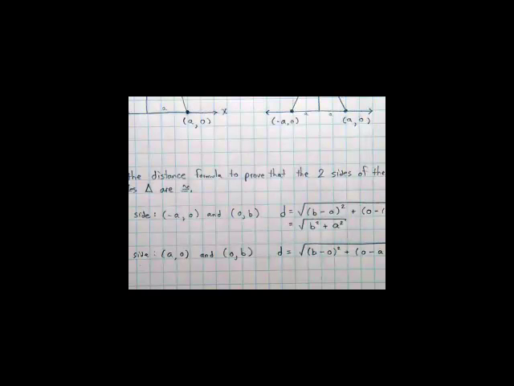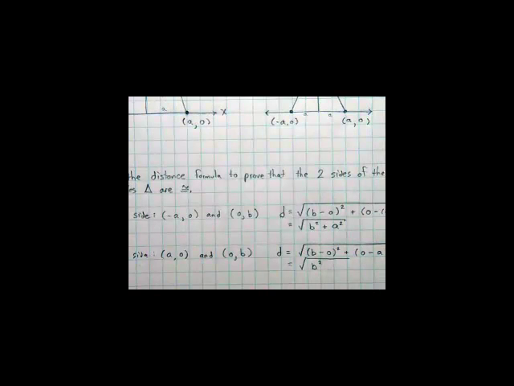Then if I plug things into the distance formula where they're supposed to go, I get the square root of b minus 0 squared, which again is just b squared, right? 0 minus a is negative a squared, but negative a squared is just a squared, right? It's the same thing, because negative times a negative is a positive.